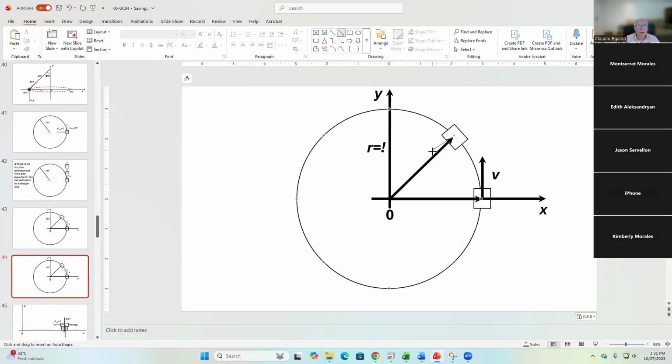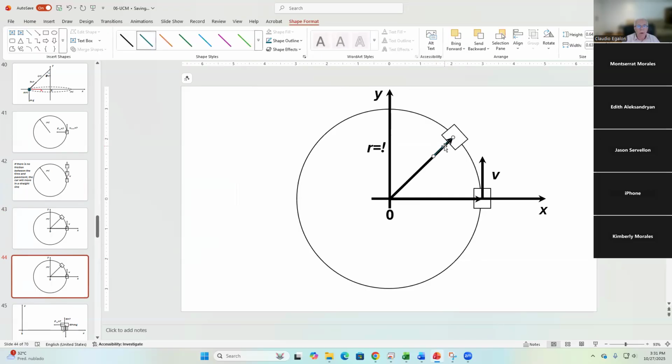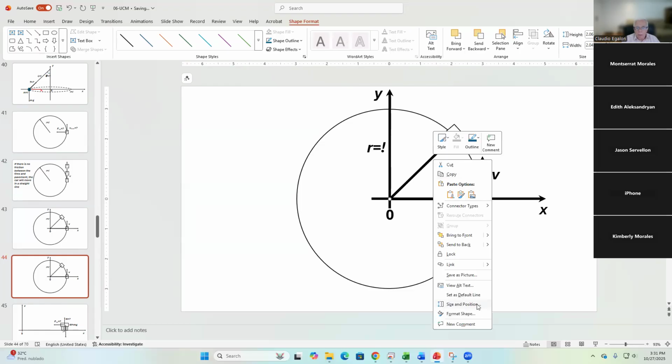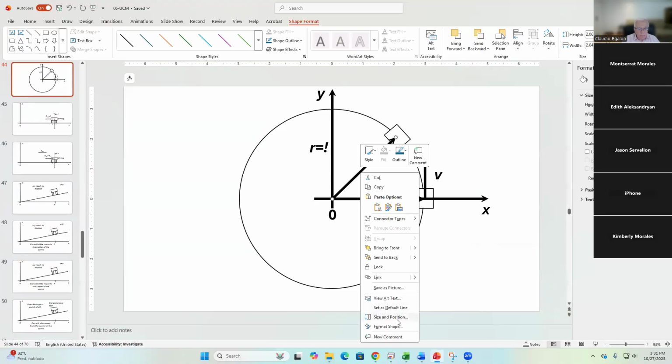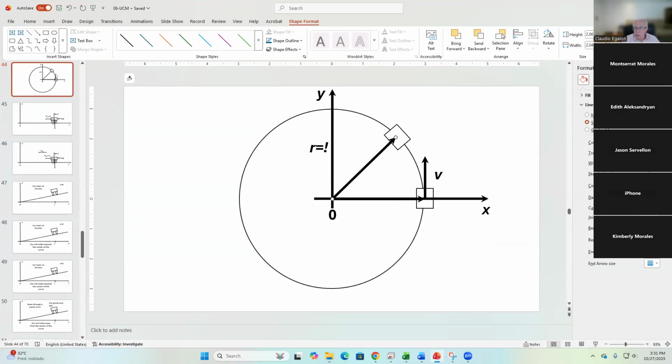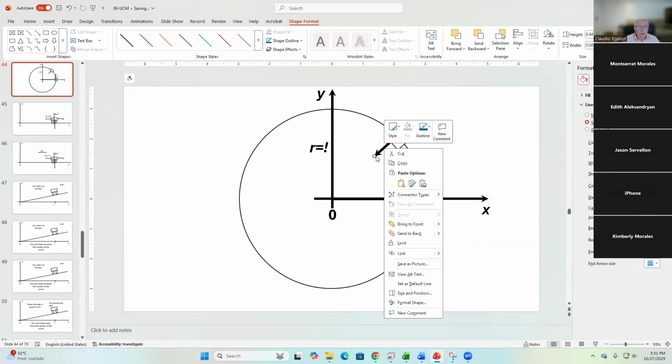Here's the force of friction. So that's the little secret of this problem.